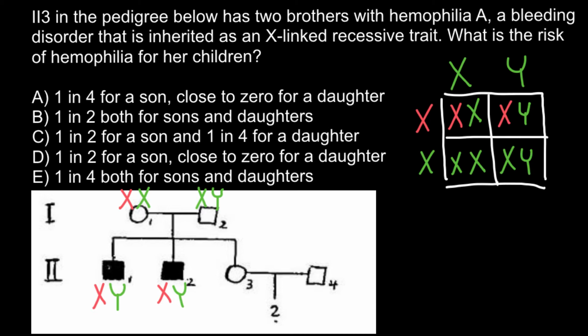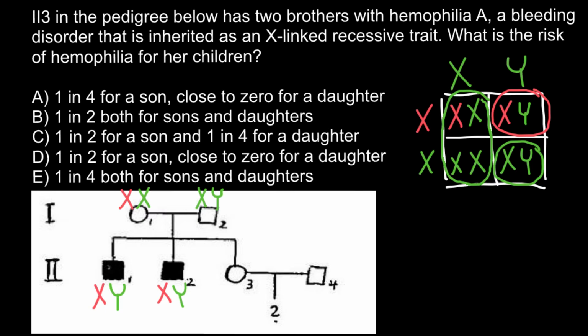And as you see, 100% of the female progeny would be phenotypically normal. Of those, 50% would be carriers, but would be unaffected. As for the male progeny, 50% would be affected and 50% would be unaffected.